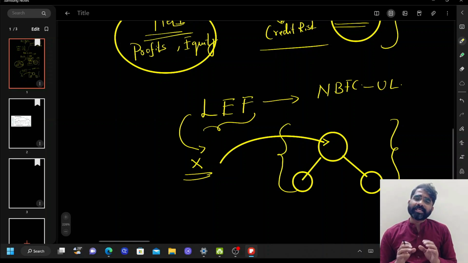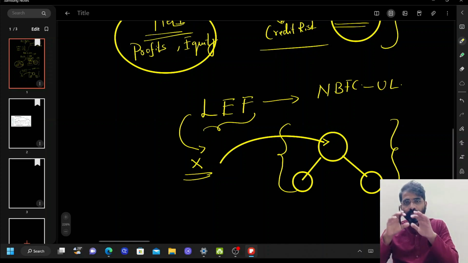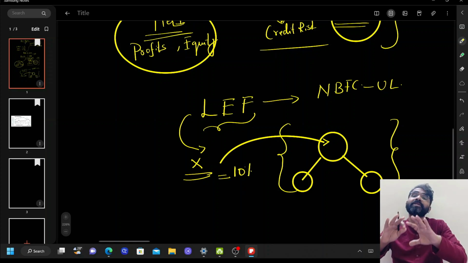Now, the logic is if this particular bank X is giving a loan to one single entity or a group of connected entities I've drawn here, and if this loan exposure is more than 10%. That is, loan exposure is 10% and above.